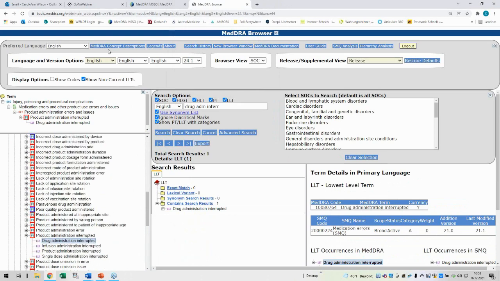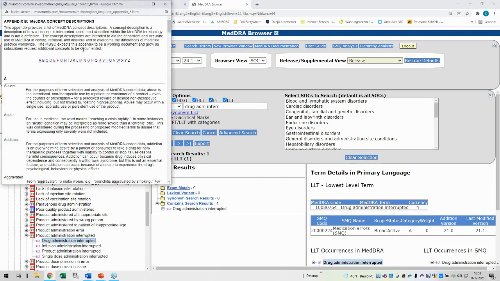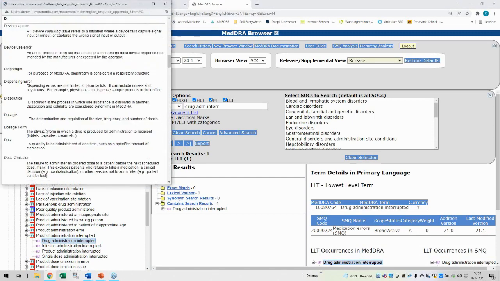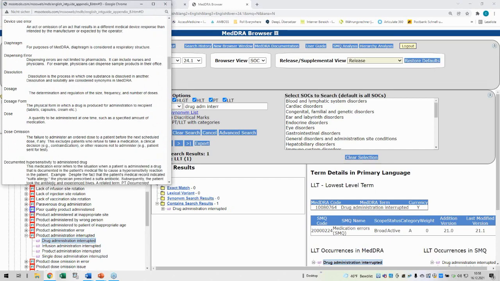So if we look again at the concept description of dose omission, here it is. Dose omission, the failure to administer an ordered dose to a patient before the next scheduled dose, if any. So this excludes patients who refuse to take a medication, a clinical decision, or other reasons not to administer.